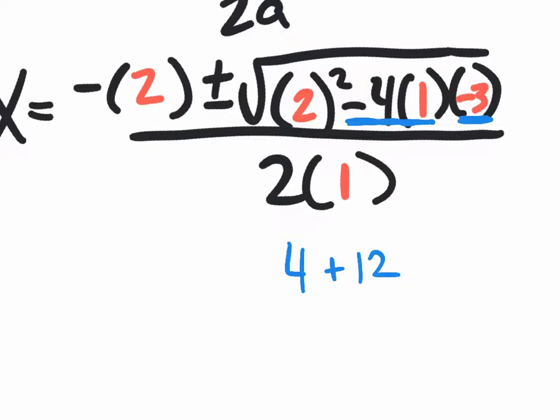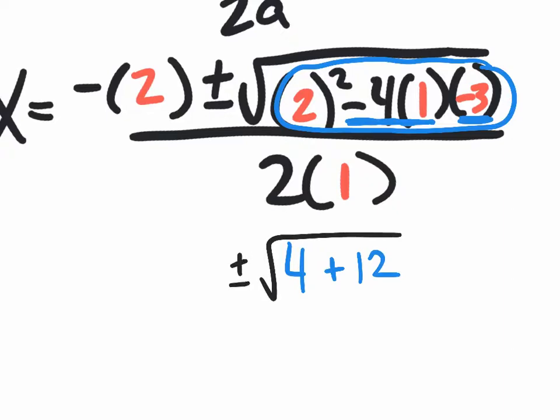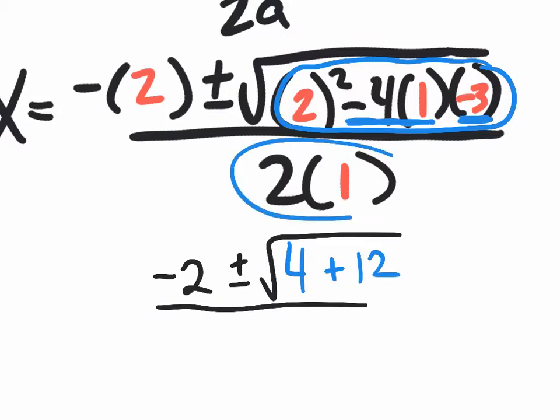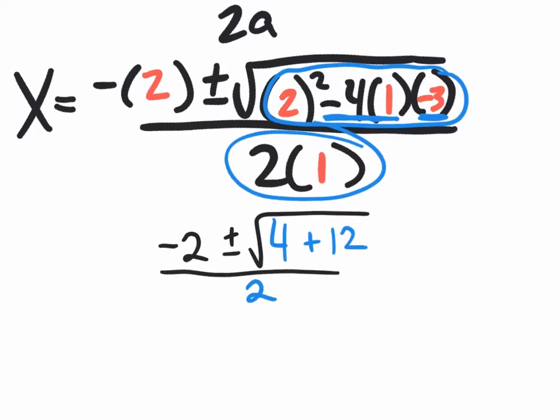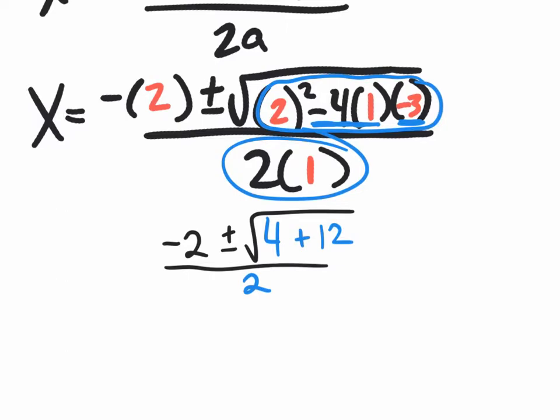All of this happened inside the square root, so let me write it inside the square root with the plus or minus and the negative 2 on the outside. We might as well do 2 times 1, that's just 2 on the bottom. The next step would be to add 4 plus 12, and we get 16. So we end up with negative 2 plus or minus the square root of 16 over 2.